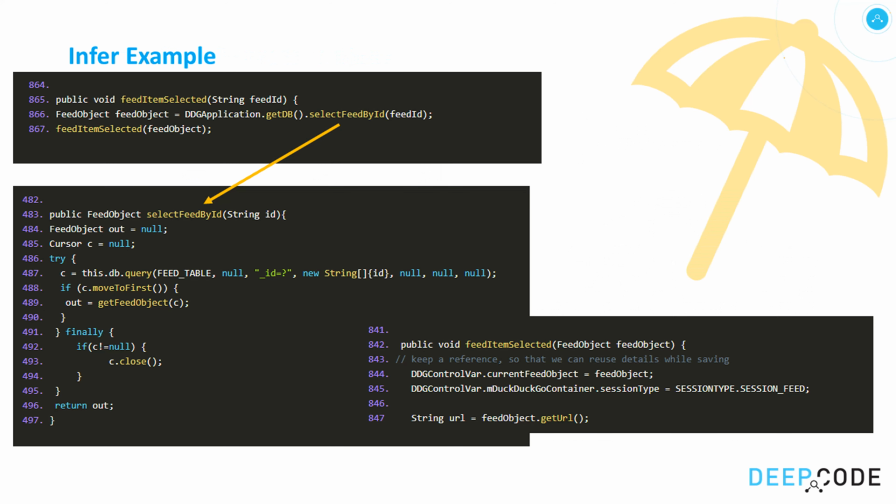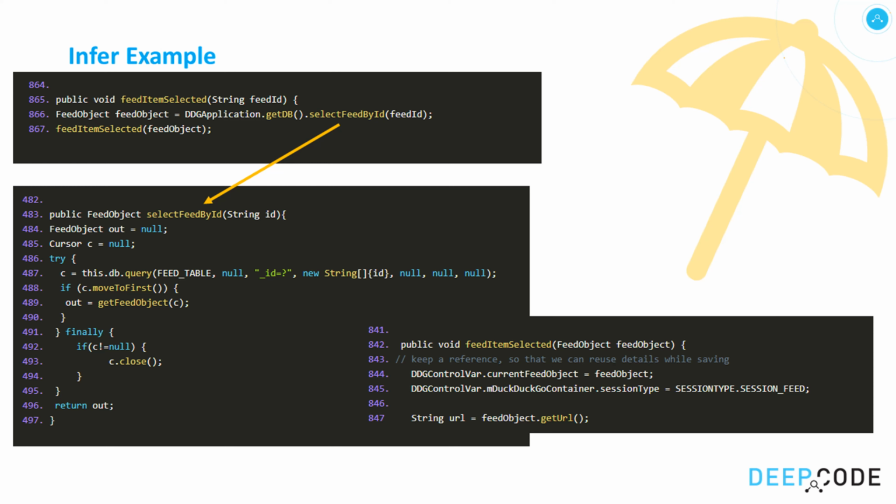So let us make a concrete example, and I took this from a tool called Infer. What you see here is we have a series of function calls, and we start with the topmost function, which is called feed item selected. And as you can see, during the next line, we are generating a feed object, and it's literally done by calling the select feed by ID function below.